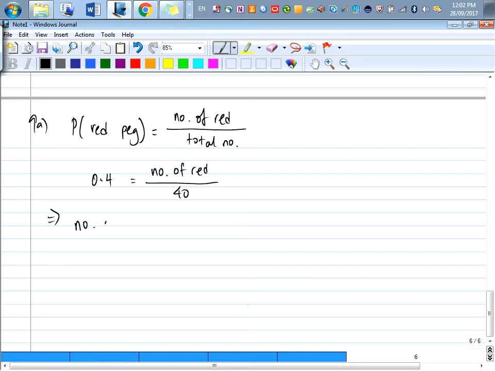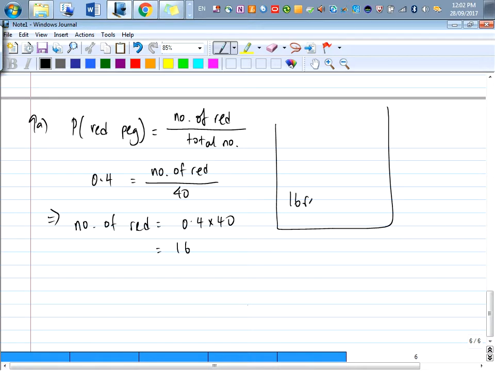So number of red equals to 0.4 times 40, and you get 16. Okay, so right now the bag has 16 red. How many blue do they have? 24 blue. This is currently the current situation.